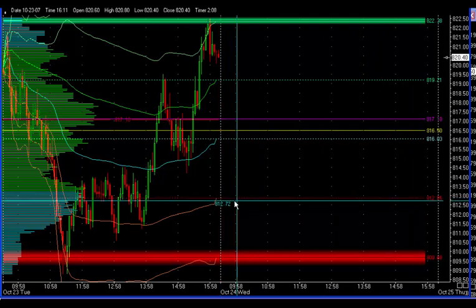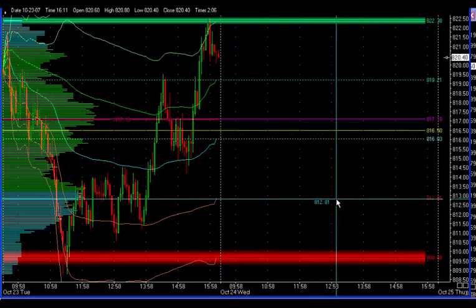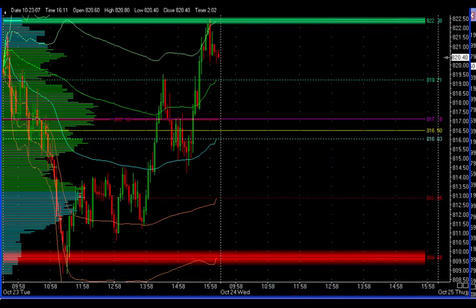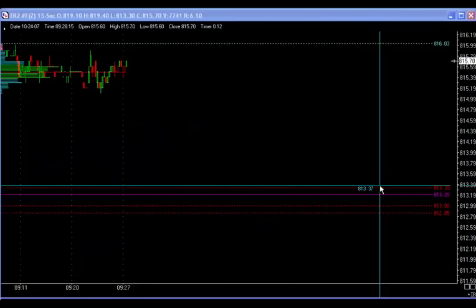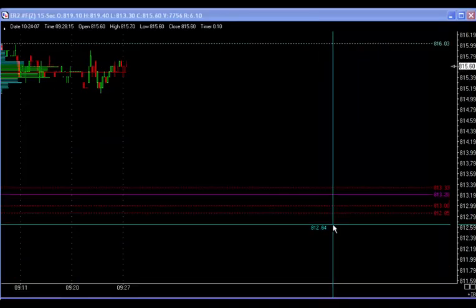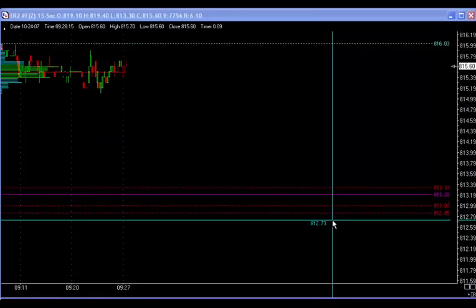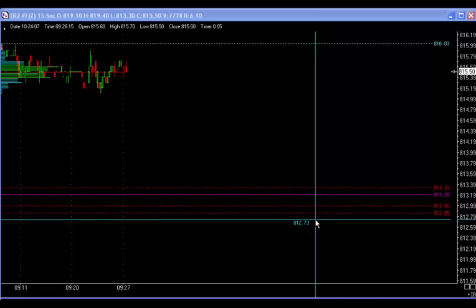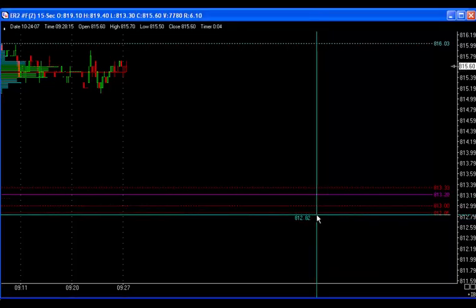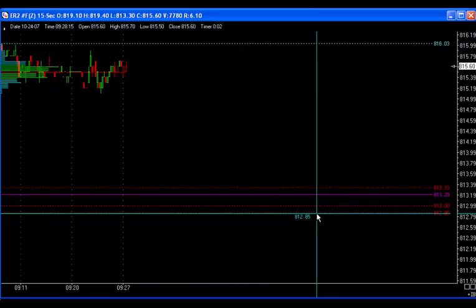It's the last value from yesterday. It's drawn as a dotted line on this chart and is automatically transferred through the Ensign software to my 15-second chart. Now you see the value has changed. No, it's still 812.85 down here.